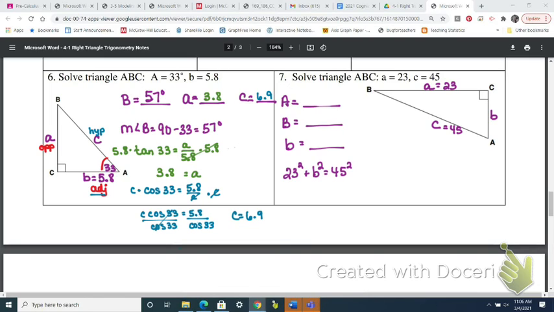So I'll subtract 23 squared. So I do 45 squared, enter, minus 23 squared, enter. You should get 1496. Then I'm going to take the square root of both sides. So this reduces to, if I factor it, it goes into 4 and 374.